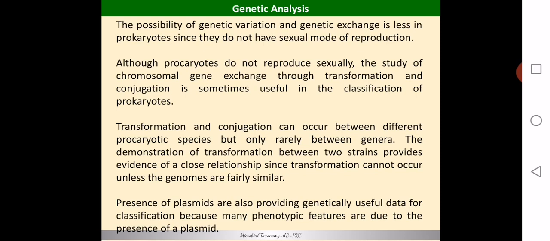So when you analyze two organisms, and you find that these two organisms are able to transfer genetic material through a process called conjugation, then you can also say that these two organisms are closely related. The same is true for transformation and transduction also.